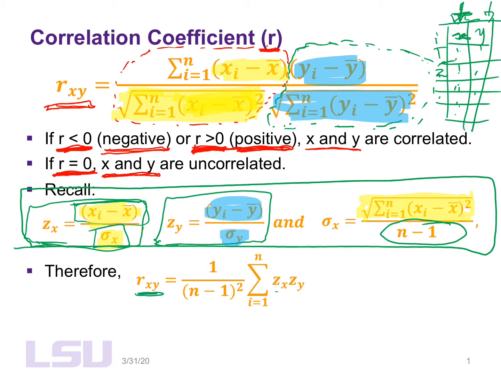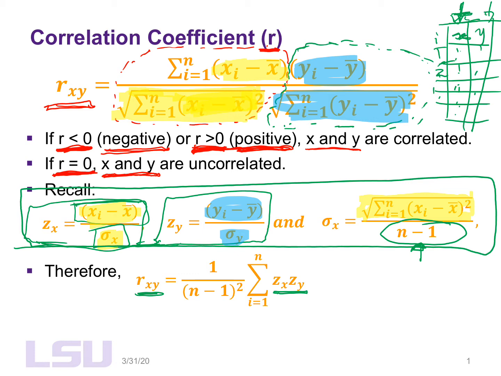It's just the product of your z-scores, which are defined here. Sum them up, the sum of the product of z-scores, and you normalize by n minus 1, which doesn't show up here. So that's precisely what your correlation coefficient is.